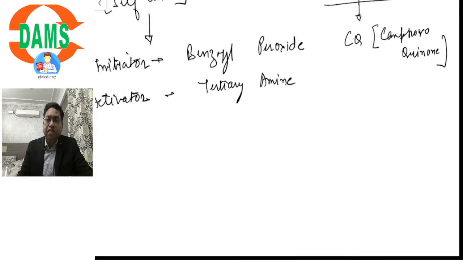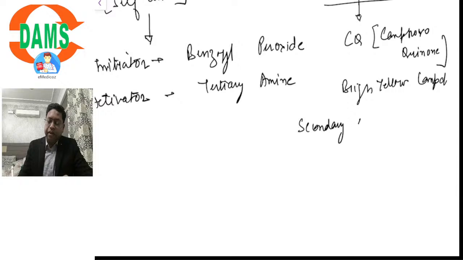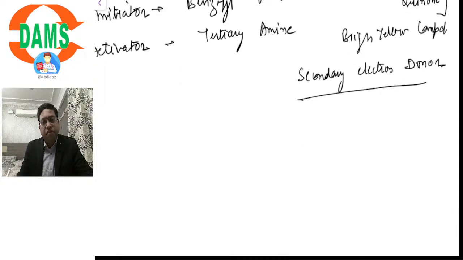Camphoroquinone is a bright yellow compound present as a photoinitiator. It is basically a weak photoinitiator, so it requires a secondary electron donor. I am talking about the initiator present in visible light cured composites. It is principally camphoroquinone with some secondary electron donor, which is also an amine.